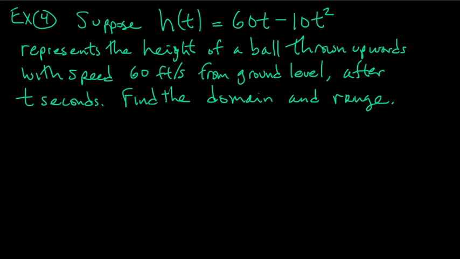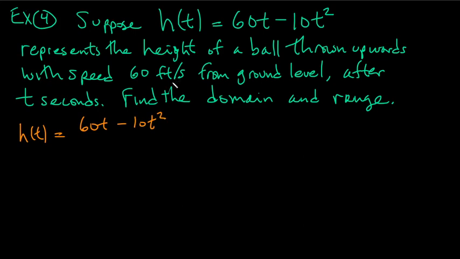So the issue here, first of all, you should recognize that this is just a quadratic function. And the denominator is just 1, although we don't usually write it. So we're never going to be dividing by 0, no matter what t is.